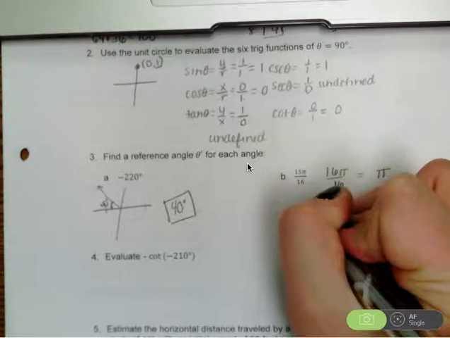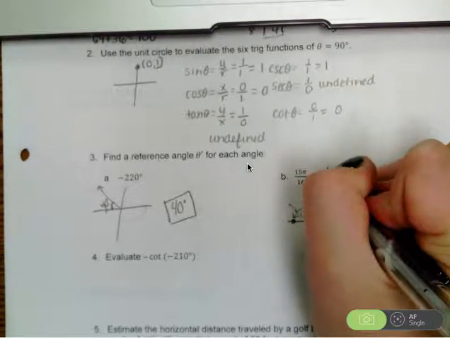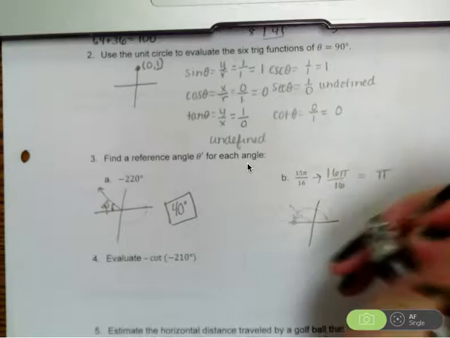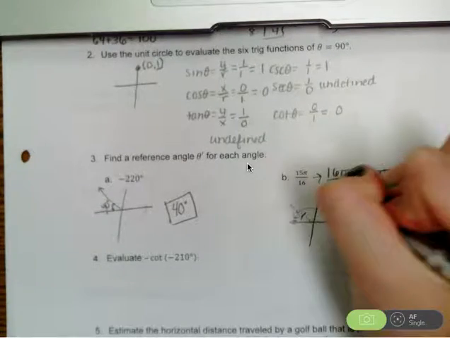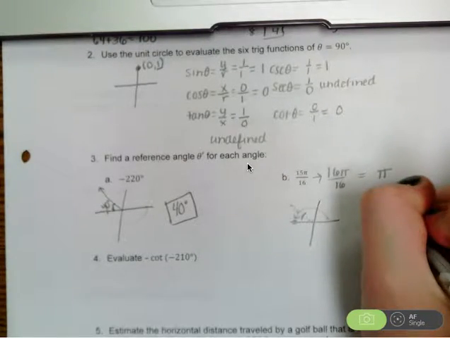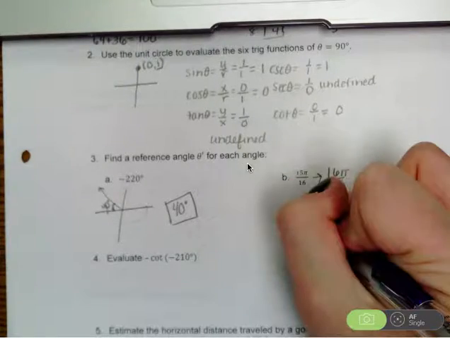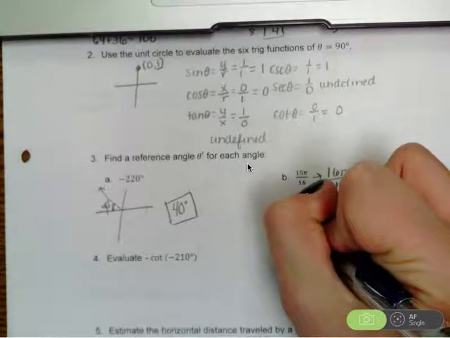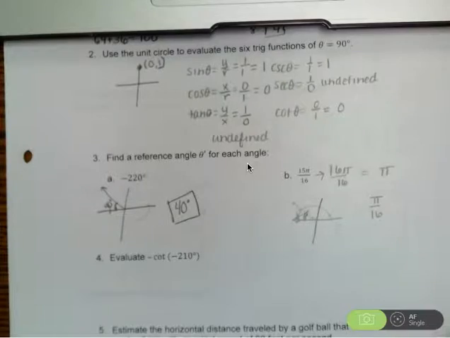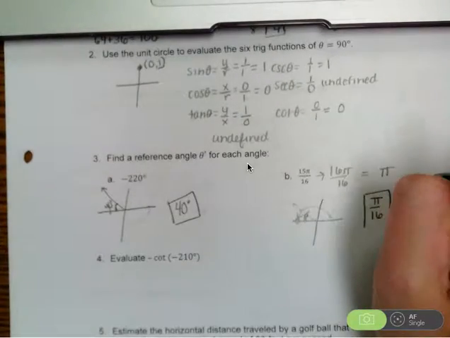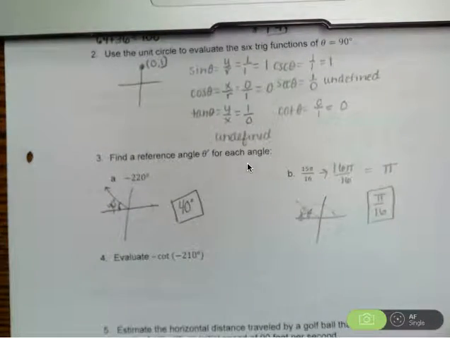How much more do we have to go? To get from 15 pi over 16 to 16 pi over 16, we just need one more pi over 16 to get to that x-axis. And so your reference angle is then pi over 16.